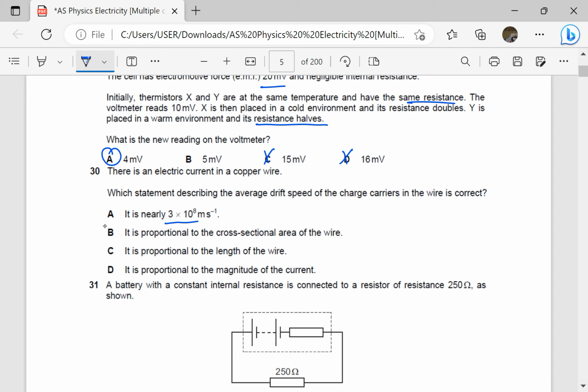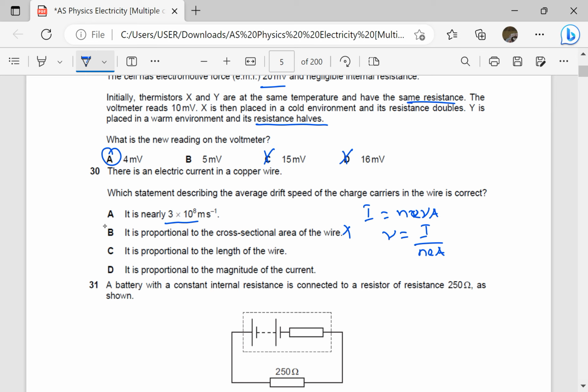It is proportional to the cross-sectional area of the wire. I is equal to nvAe, so v is equal to I divided by nAe. When you say it is proportional to the cross-sectional area, it is inversely proportional.